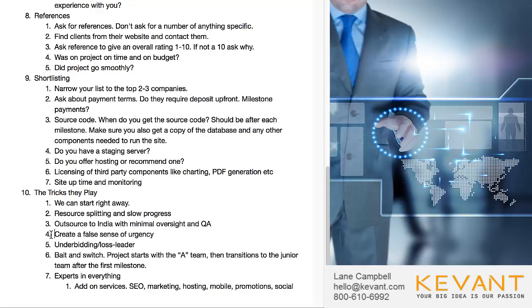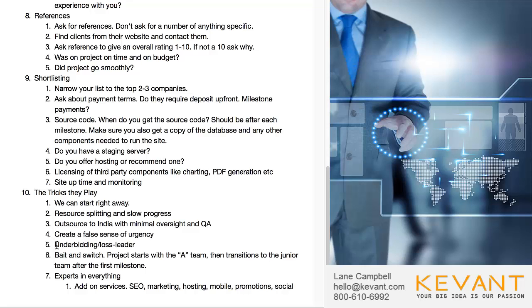Another thing, and this is one of the worst things that companies do, but I've heard a lot of our potential clients complaining about this, and this has just happened for years and years. It's very prevalent, but companies will underbid your project, what's called a loss leader in the industry.